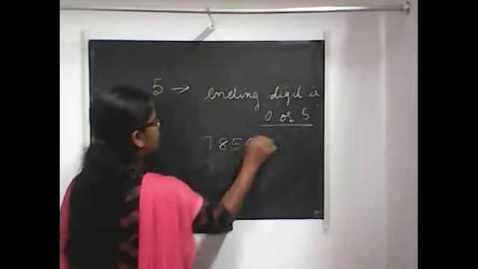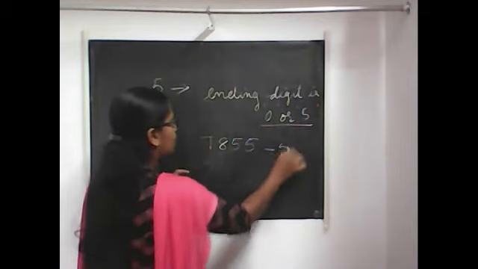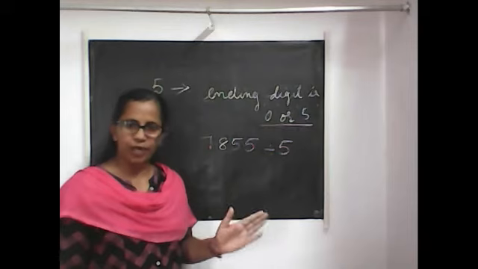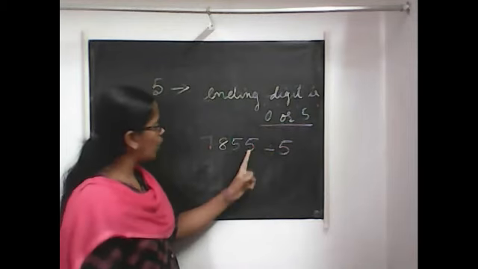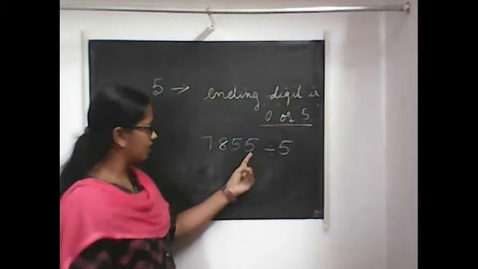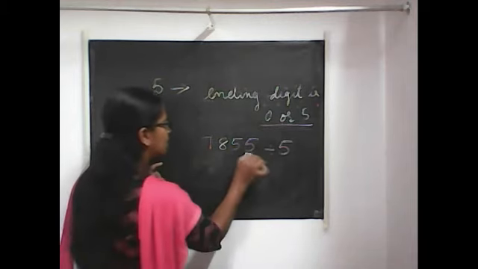For example, 7855. Is it divisible by 5 exactly? That is my question. Without division, you can say whether it is divisible by 5. For that, look at the ones place digit. That is the ending digit.